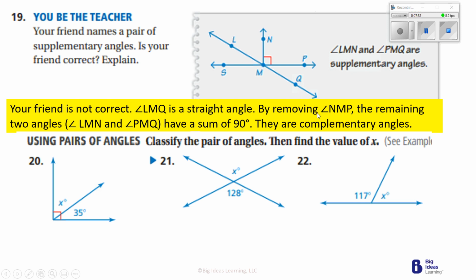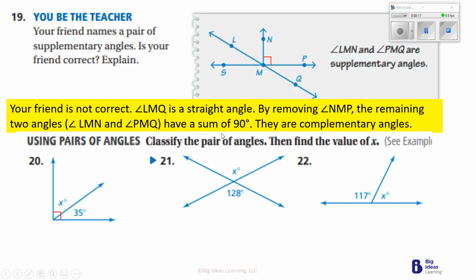By removing NMP, the remaining two angles, which are LMN and PMQ, have a sum of 90 degrees. I know that because this is 90 degrees here. So if this is 180, this would be 180 minus 90. Okay?